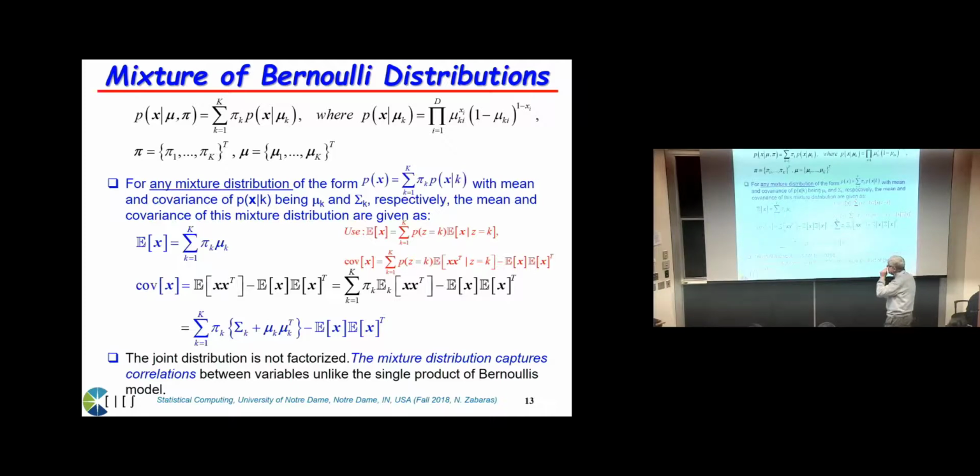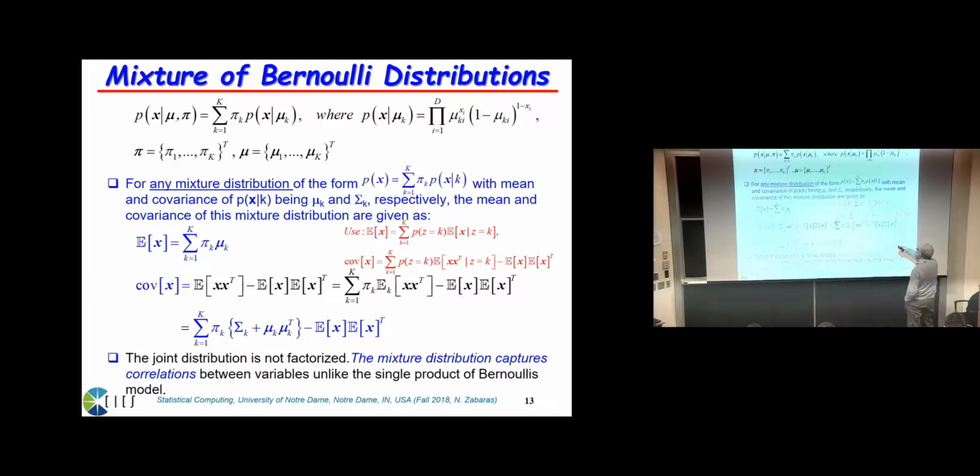So the first thing I want to show you is that if you have a mixture of these components, the covariance basically has off-diagonal elements that are not zero. If you want to calculate first the expectation, you need to use this identity, divide and conquer, if you like. So the idea here is z is a latent variable that tells you what component you're coming from.